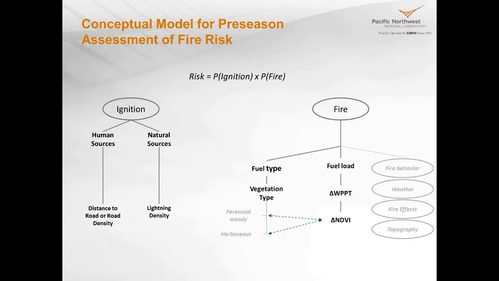We have delta WPPT, which is the difference in the current season winter precipitation to the long-term median winter precipitation for that site. And the delta NDVI is much the same flavor. It's the difference between the peak for the current season and the long-term median peak for that site.